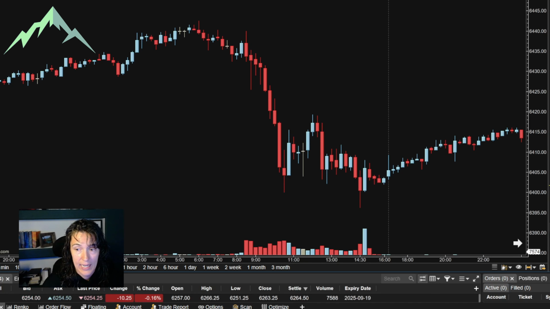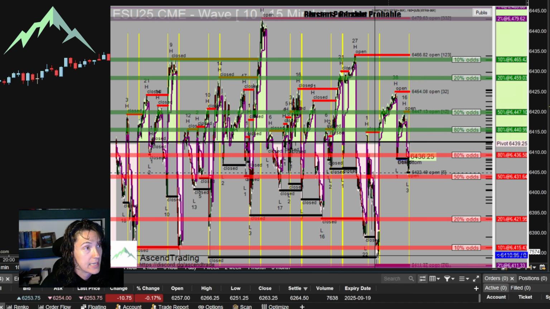But if we looked again at our slightly larger time frames, thinking about the 10-wave 15-minute, we saw 64.15 was our 10% odds of continuation all the way down here, which basically means we had a 10% chance of price continuing even further down.